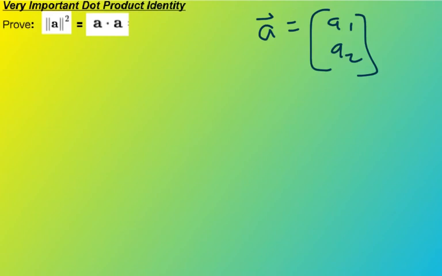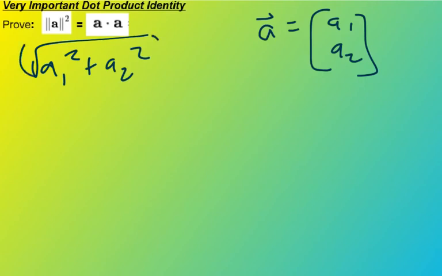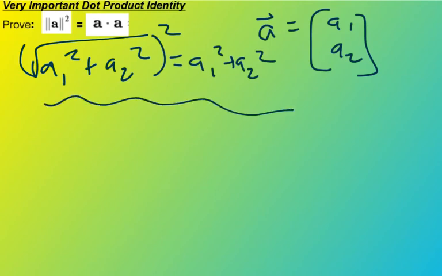So just doing, again, distance formula, for the left side we would have A1 squared plus A2 squared, and the square root of that. And if I then had to square it, I would get A1 squared plus A2 squared. So that's the left side.